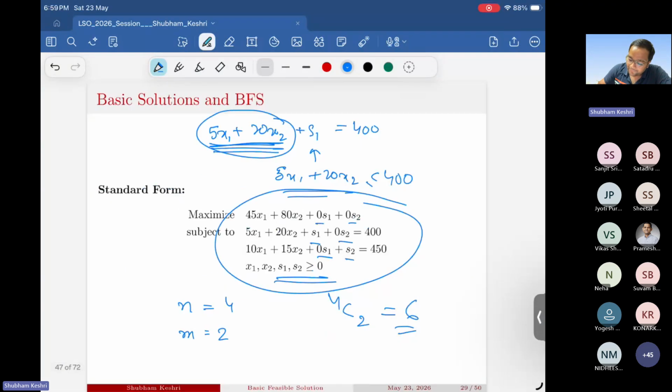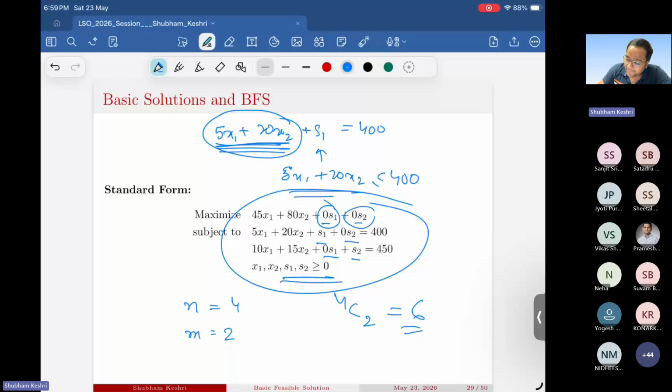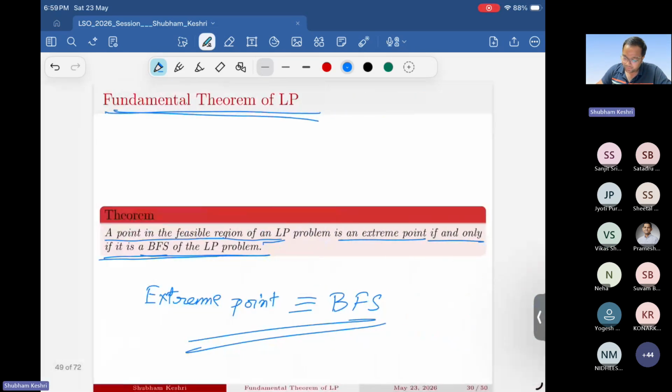Why? Because the slack or surplus variables take 0 coefficient in the objective function. So these points are actually the corner points of the feasible region. Although we are adding slack and surplus variables to solve for basic feasible solutions, we are actually obtaining the corner points of the actual feasible region. Any doubt? Yeah, got it. Okay. All right.